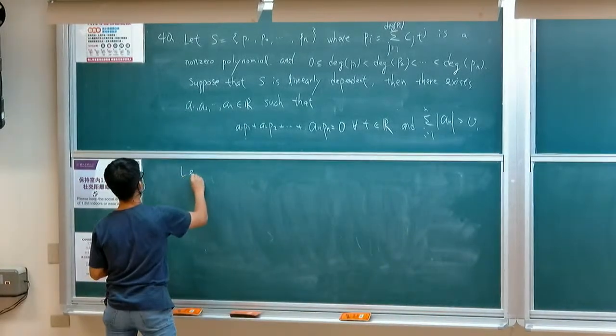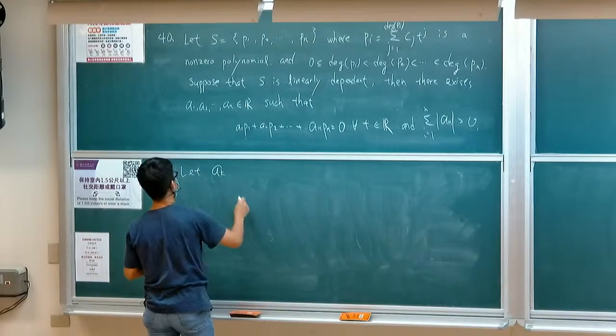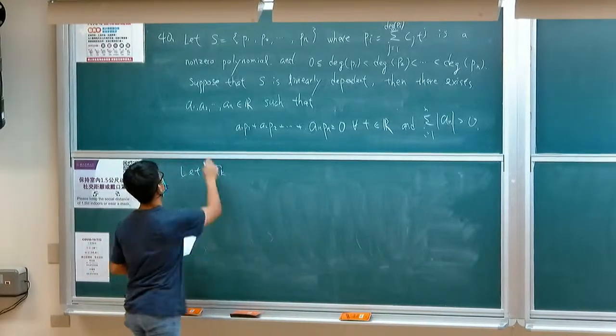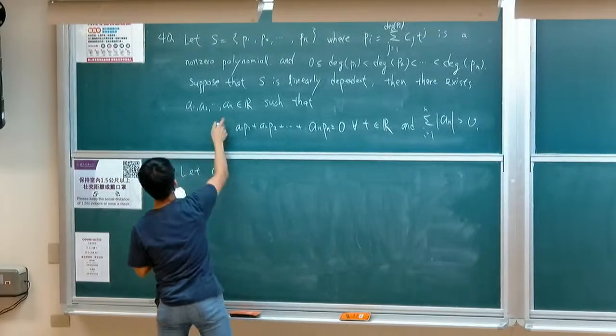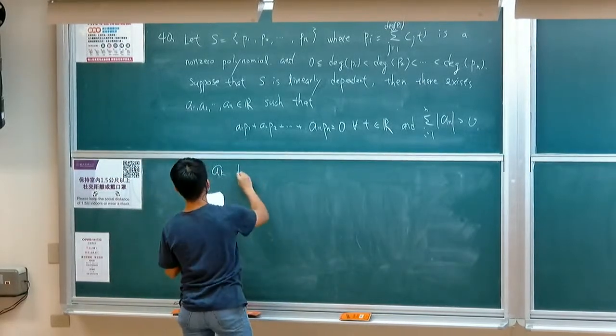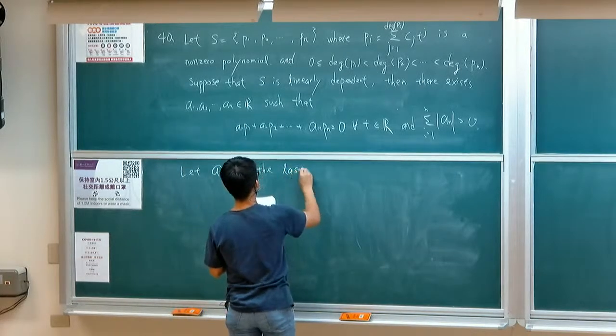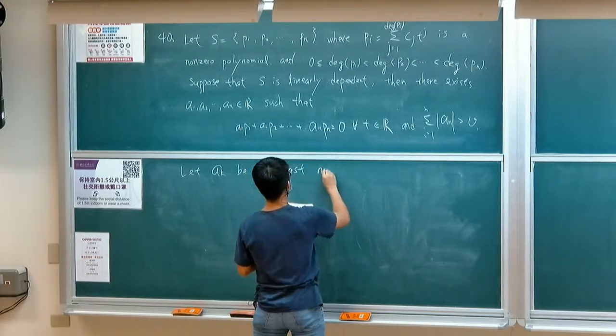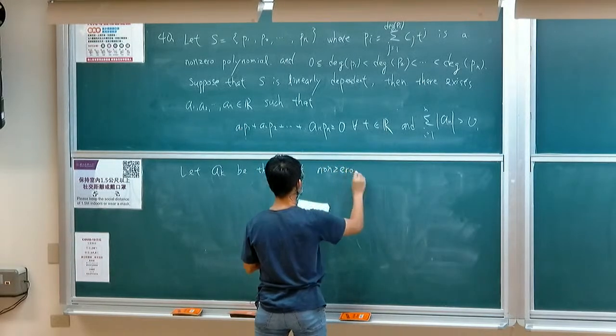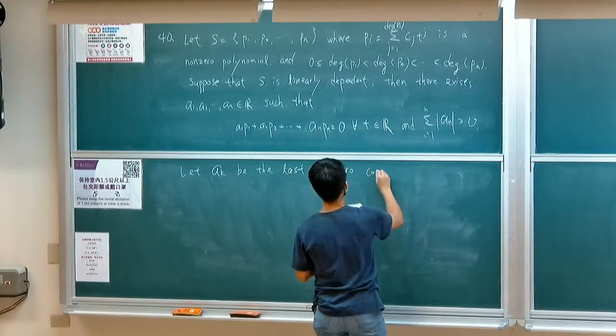Now let ak be the last non-zero coefficient among a1 to an.